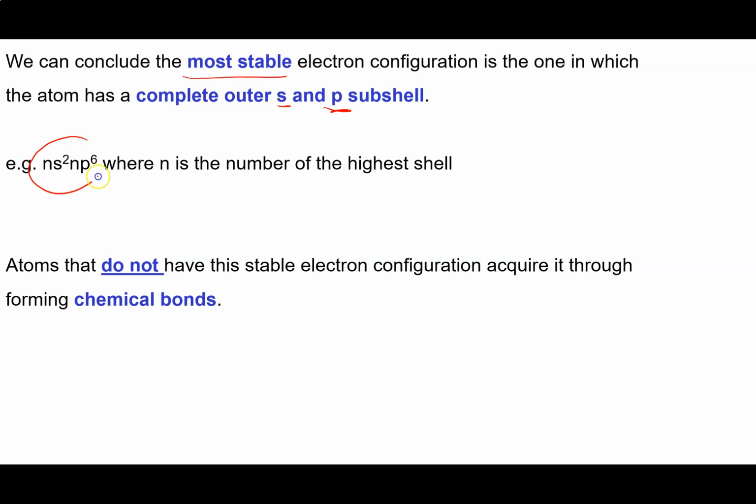That is, they have an outer electron configuration that looks a little like that, where n is the number of the highest shell. So atoms that don't have this noble gas stable electron configuration are going to get it through forming chemical bonds. And in this chapter, we're going to look at a particular kind of chemical bond called an ionic bond.